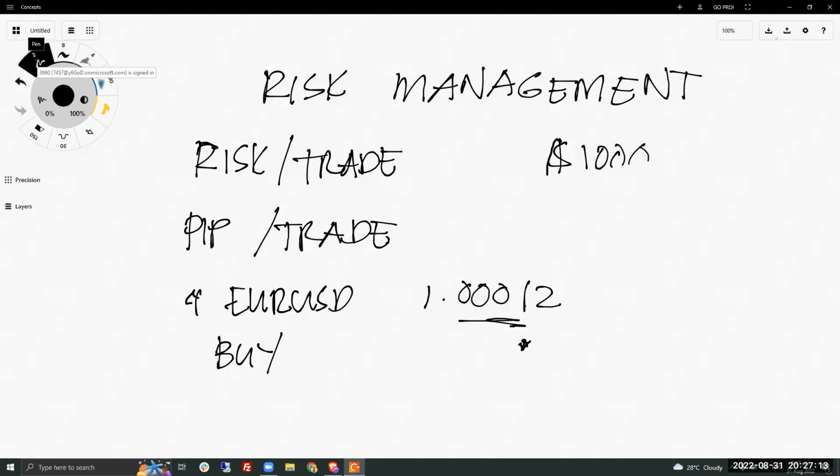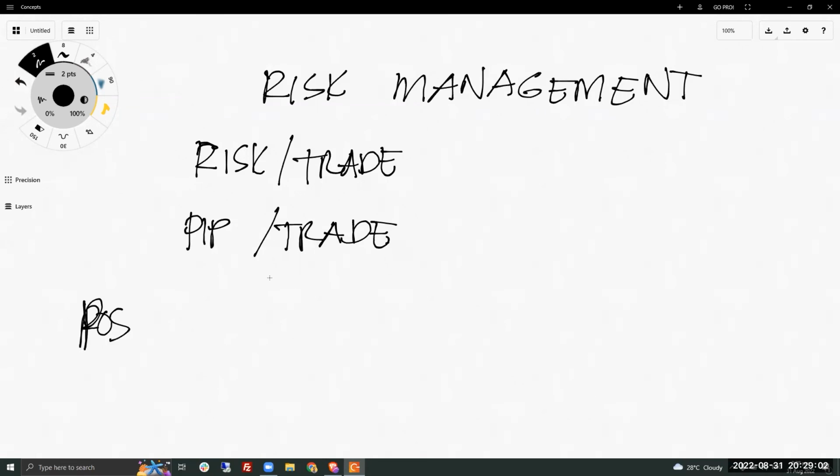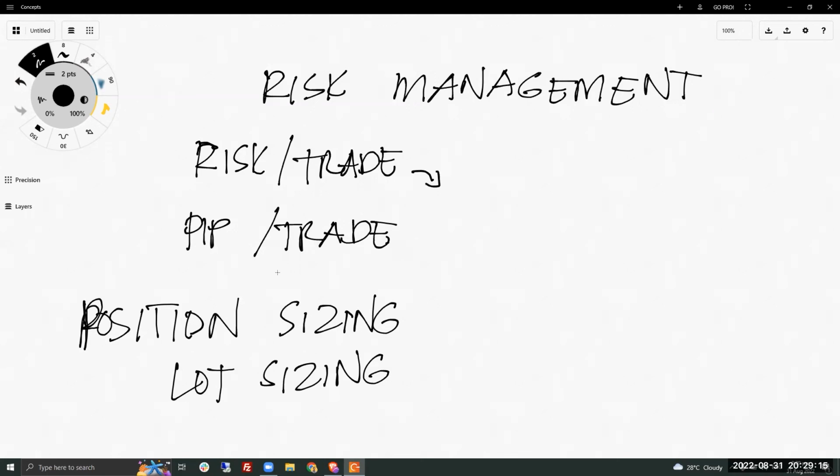How many pips of stop loss are you willing to risk on each trade? So if it drops by 10 pips, you close the trade. If it drops by 100 pips, you close the trade. That's the position sizing or lot sizing.